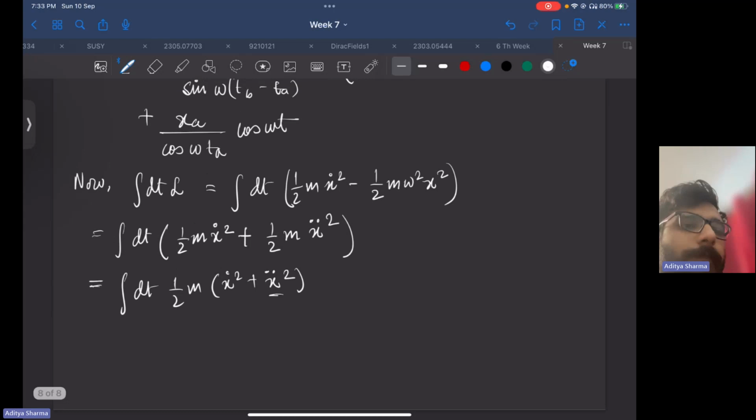Now I want to get rid of this integral. That is a bit difficult to do.